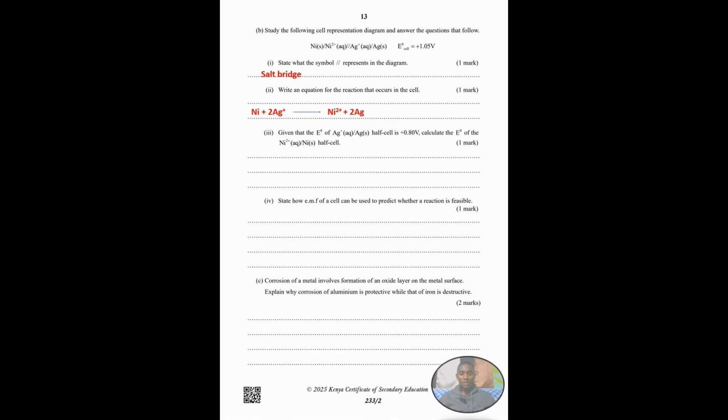So once we have done that, learners, we are also supposed to write the EMF at this point at the end. So that was our equation for the cell, not forgetting to write the state symbols of these substances.